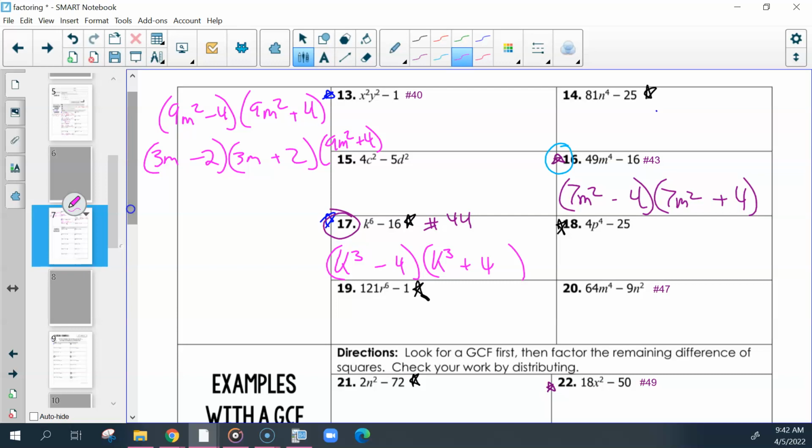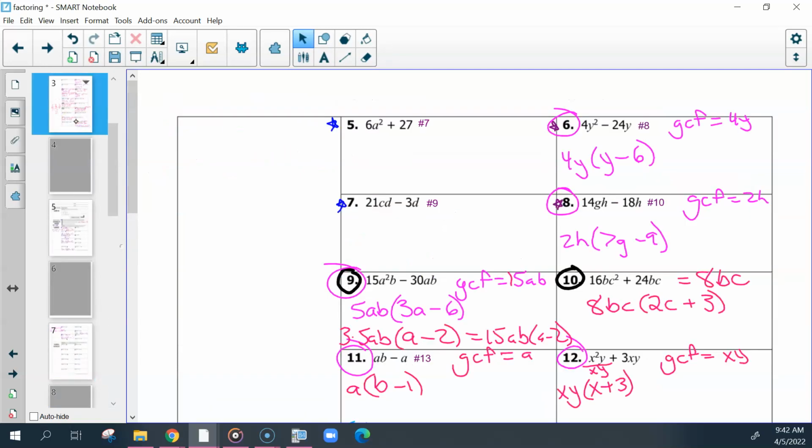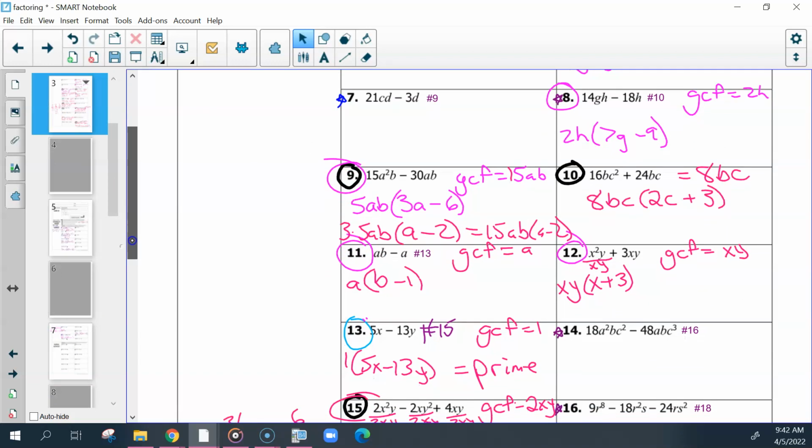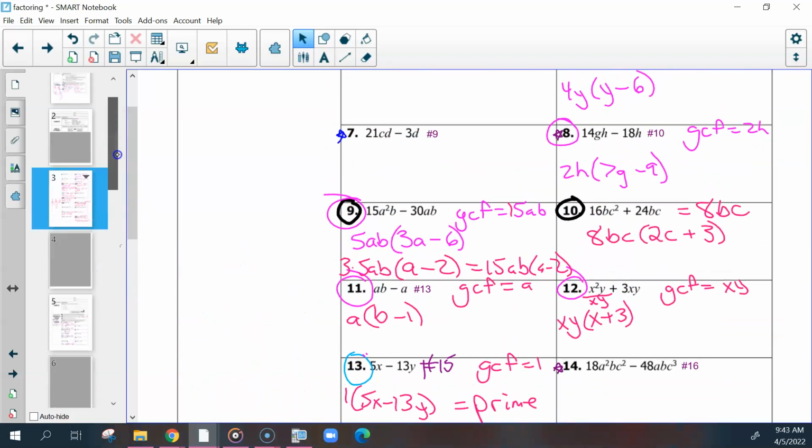Okay. Because I want you to have time to practice, we will do examples with the GCF and the other stuff in next class. I don't want you to do all of these, but I do want you to try some of them. I think we did all of them.